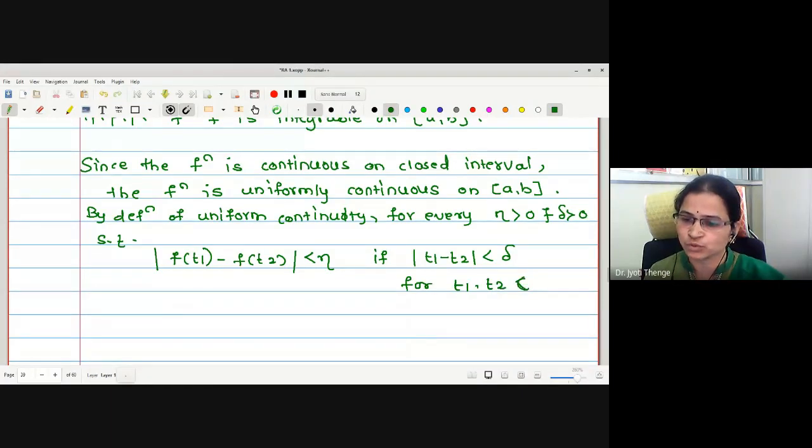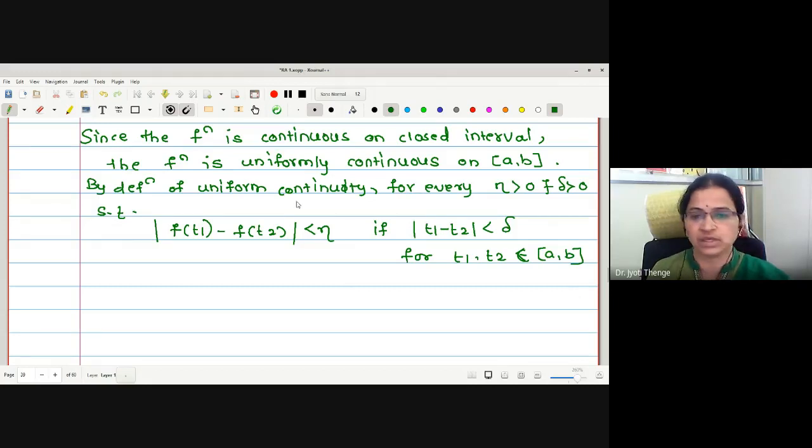Mod f(t1) minus f(t2). Actually, we usually use less than epsilon, but epsilon we want to use for another purpose, that's why I'm writing another positive number, eta. For every eta greater than 0, there exists delta greater than 0 such that mod f(t1) minus f(t2) is less than eta for mod t1 minus t2 less than delta, for any t1, t2 in the closed interval AB. Let me call this statement number 1.